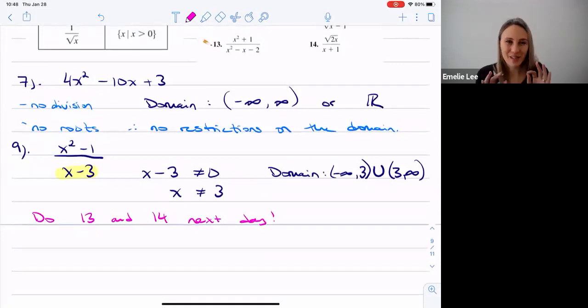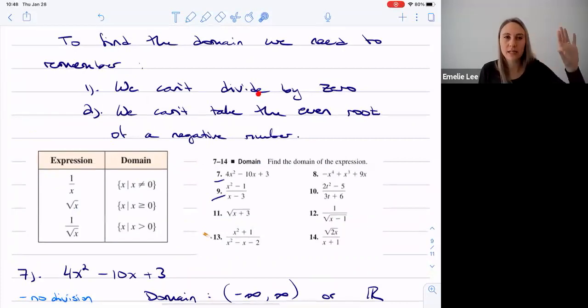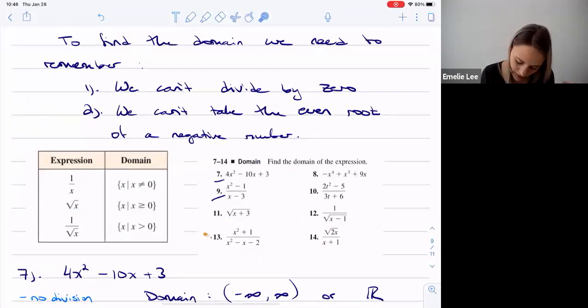It's okay if it feels confusing, right? But what you need to remember is, okay, I can't divide by 0. So as soon as you see division, you have to say, okay, I need to pull out any x's that make me divide by 0, right? And I can't take the even root of a negative number. So as soon as I look through here and I see a square root, a square root, a square root, I'm going to need to deal with that, right?